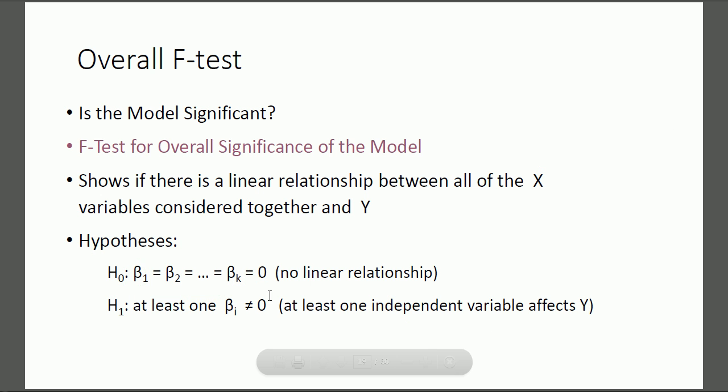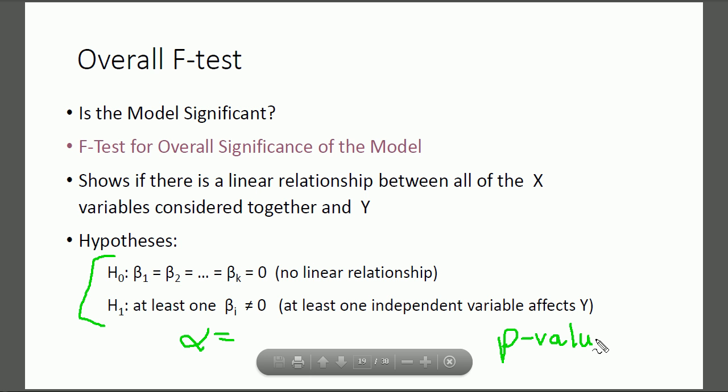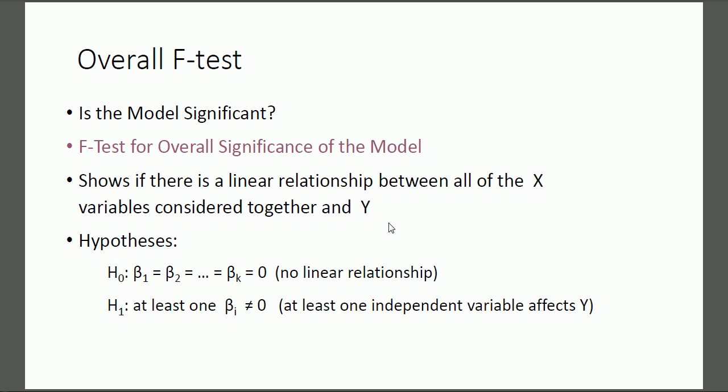So this is the hypothesis test. To answer a hypothesis test, obviously we need to know what alpha is, and then we need to know what the p-value is. If we know what alpha is and we know the p-value, we can make a decision either to reject H0 or to fail to reject H0. So that exactly is the same as all the hypothesis tests we've seen before.